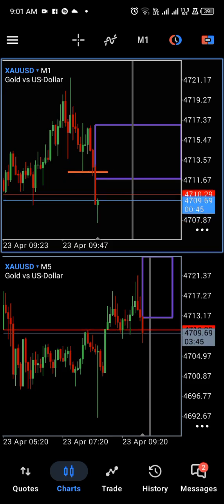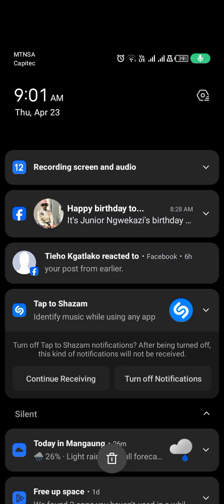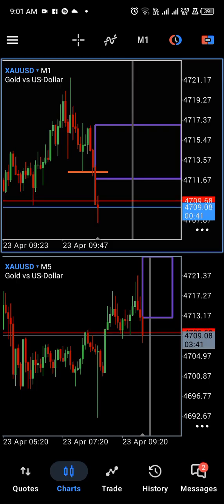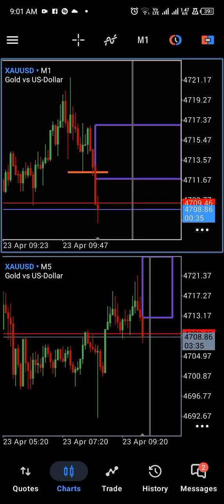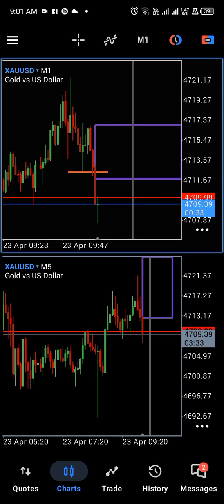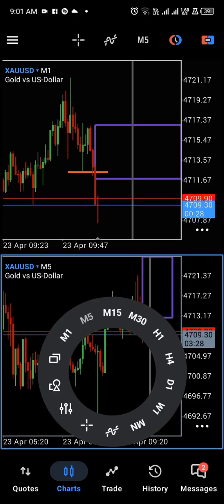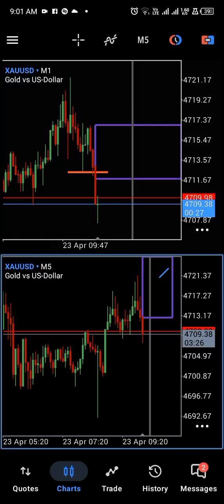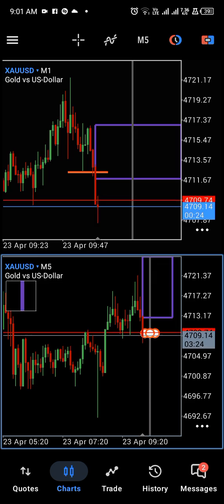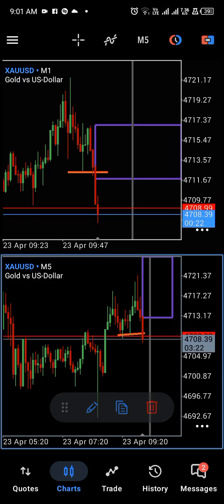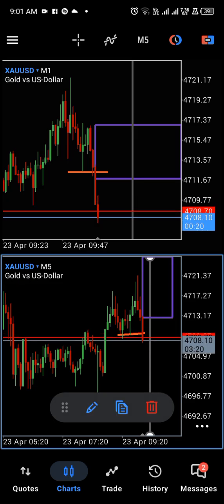Today, if I'm not mistaken, it is Thursday, the 23rd of April. So we are bearish on the 1 minute time frame, and when I check my 5-minute time frame, I can see that we are bearish also on this side. So both time frames are bearish.